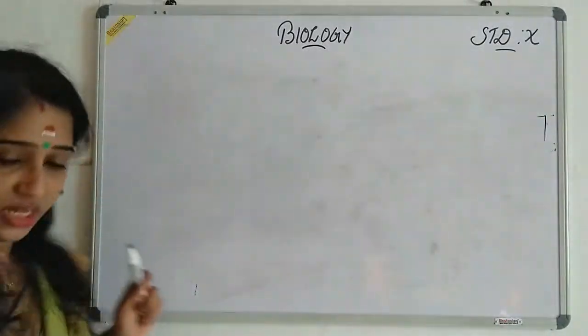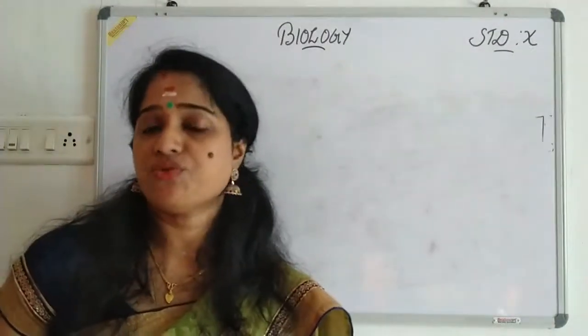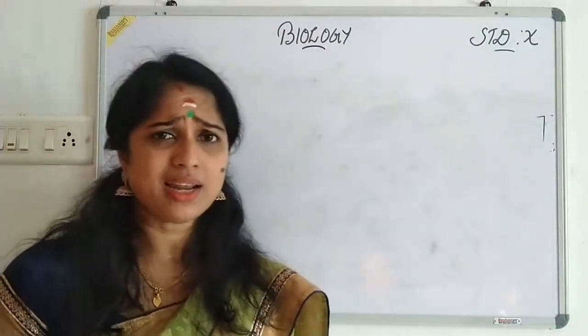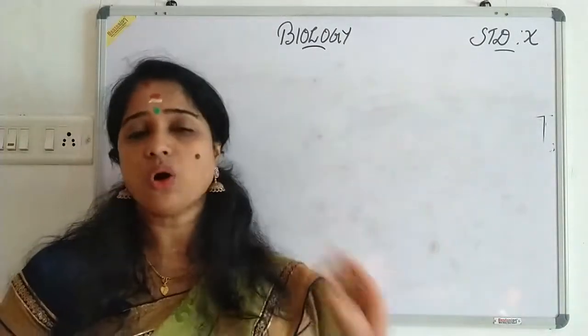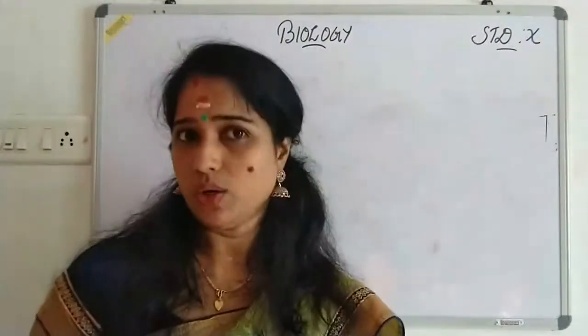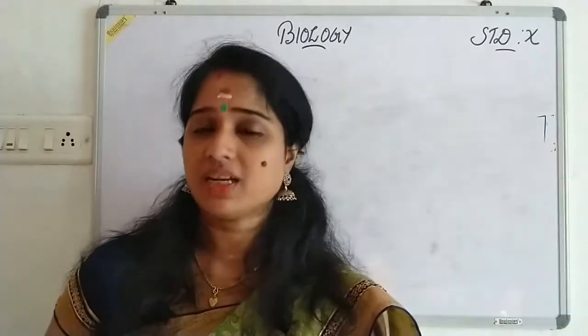And why is it known as a monohybrid cross? Because he selected one pair of contrasting characters. Then you may have a doubt that the plant doesn't show any other characters. Of course it does, but by doing this experiment Mendel concentrated only on one pair of characters. As I told you, 7 pairs of characters are there.